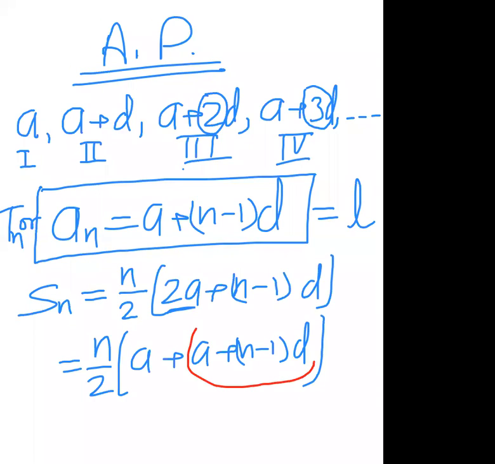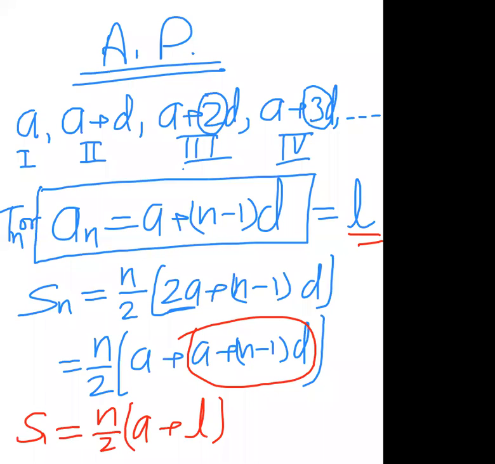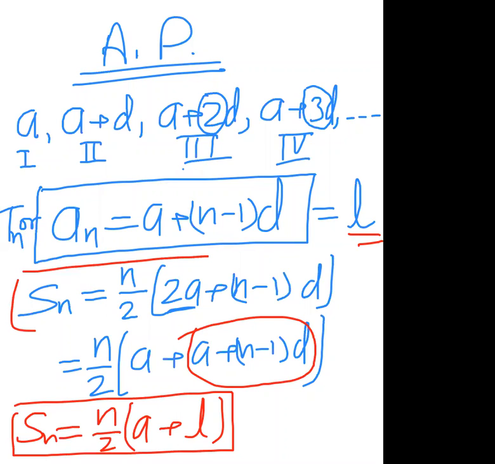A plus n minus 1 into the difference d is said to be the last term l. So S_n can also be written as n by 2 into a plus l. So we have got two formulas for the sum of n terms, and there is one formula for the nth term. So these things also we will be able to understand.